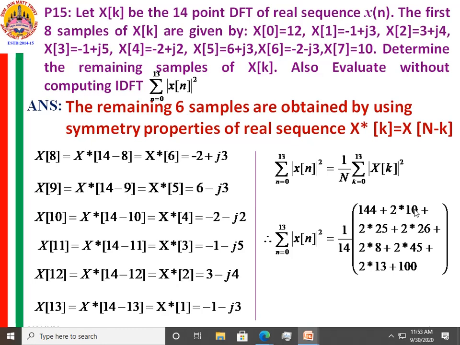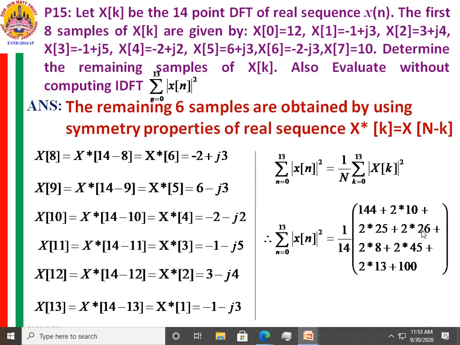So 2 into 10. Then x2 also repeats twice, x2 and its conjugate, and the magnitude of x2 and the magnitude of conjugate of x2. This 2 times we multiply with the magnitude of x2 plus magnitude of x3 and the conjugate of x3's magnitude.